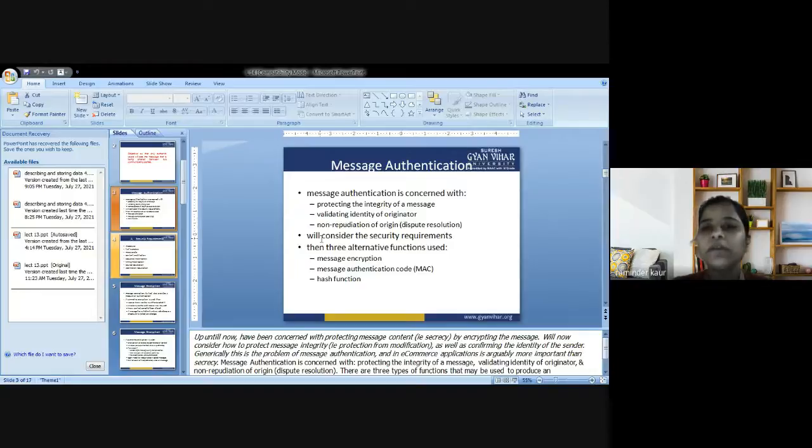First, it will consider the security requirements, and there are 3 alternative functions that could be used: message encryption, message authentication code, and hash function. How we are supposed to use these 3 functions, we will discuss one by one.